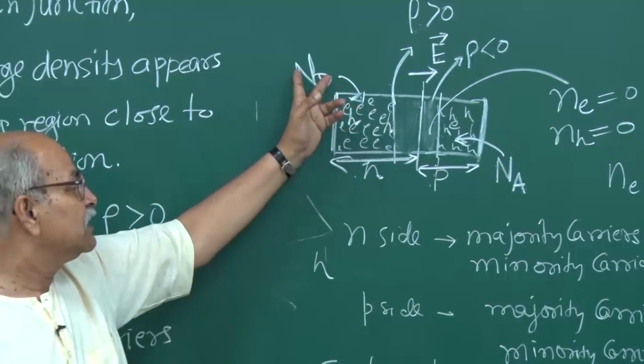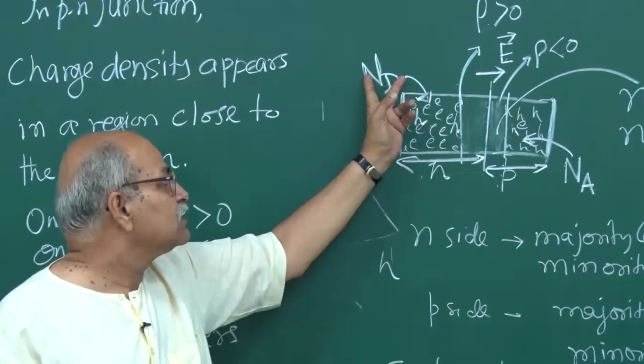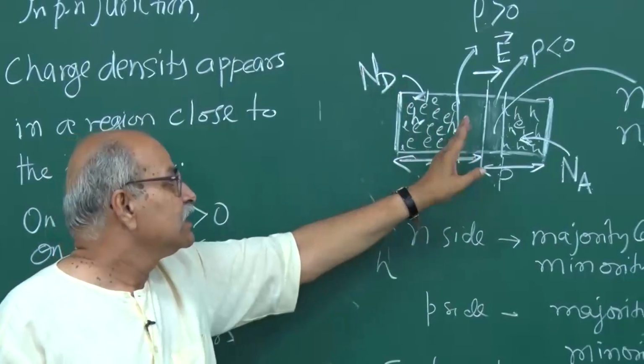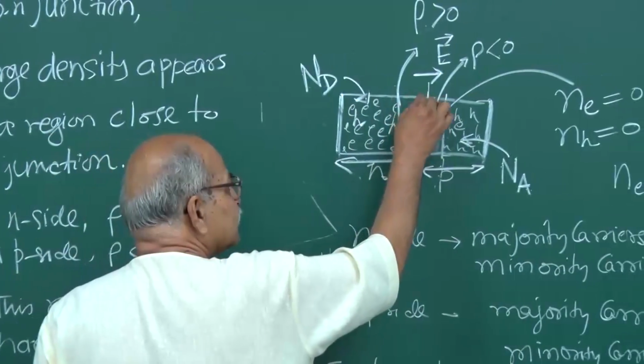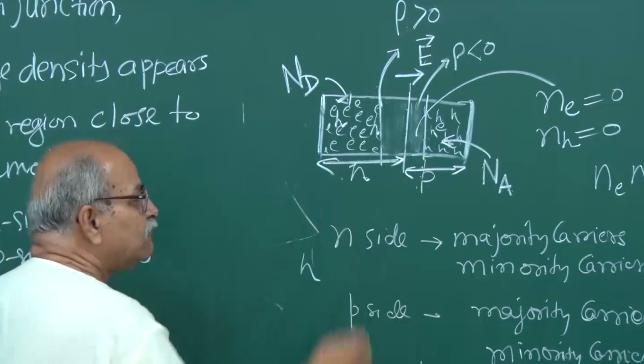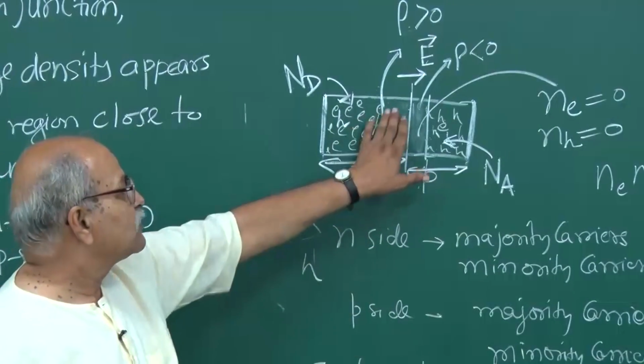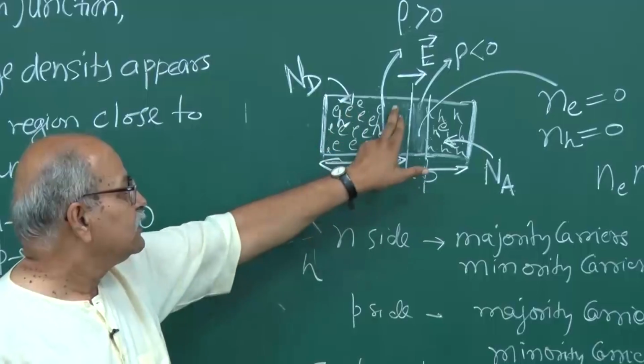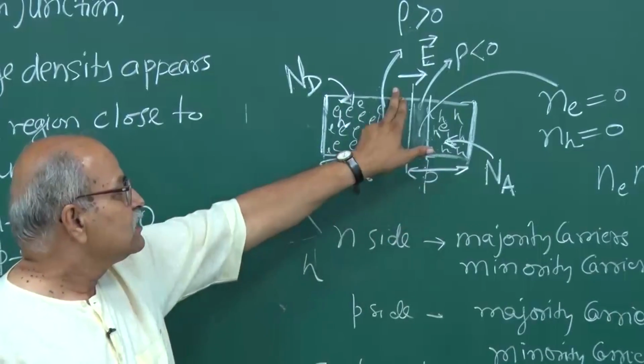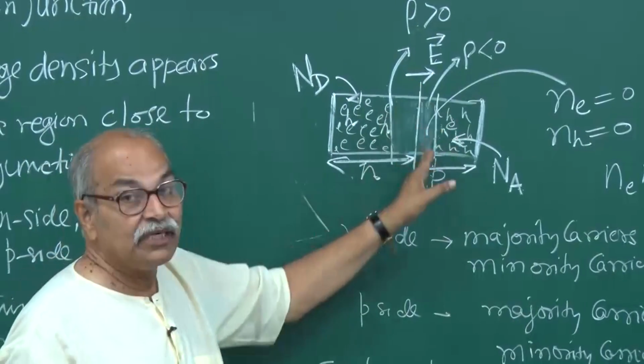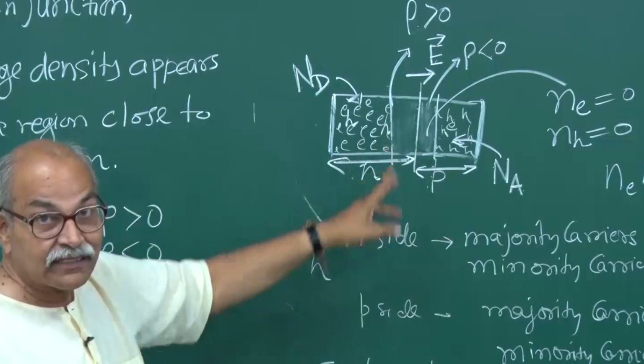If you have a large concentration of impurities, suppose Nd is large, then in a very small region you have enough electrons which can go and neutralize that layer there.